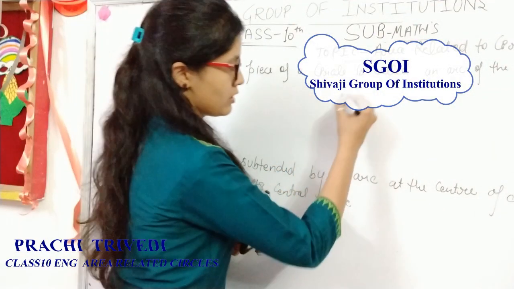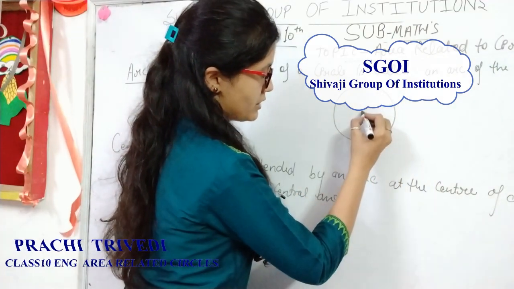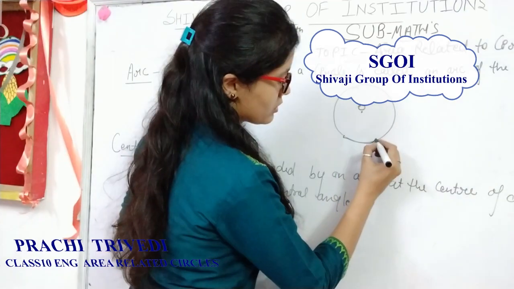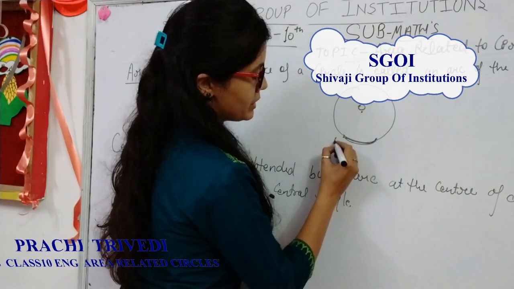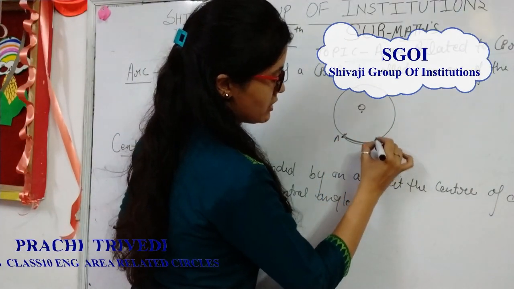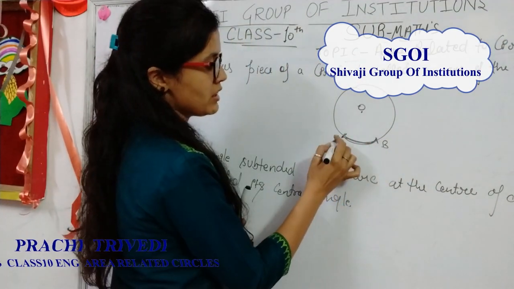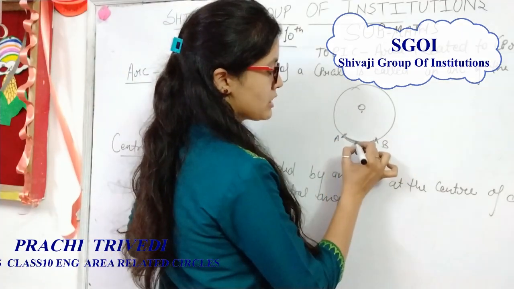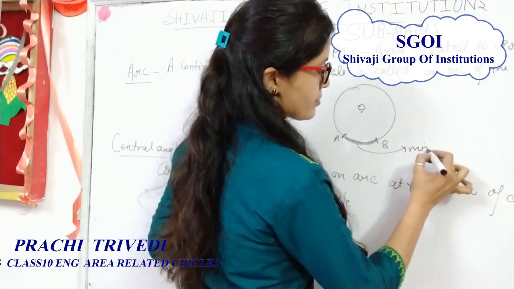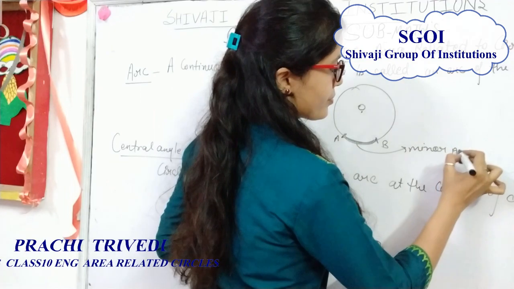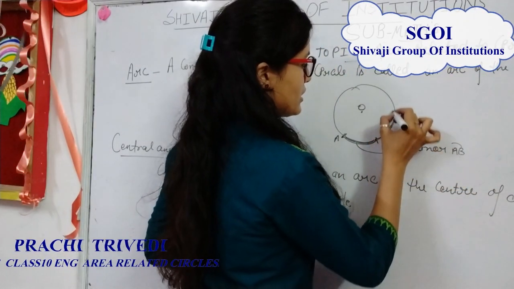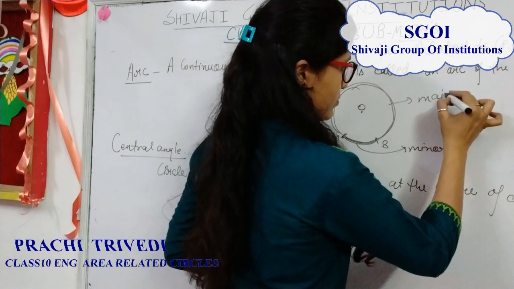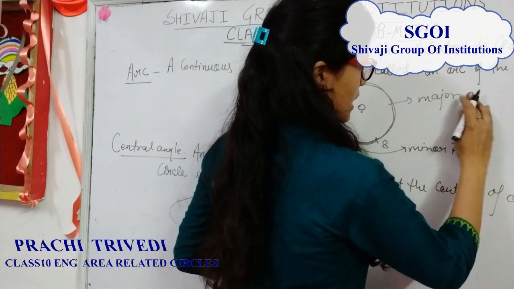For example, this is a circle whose center is O, and this is point A and this is point B. Then AB is the arc of the circle. This part AB is called the minor arc, and this AB is called the major arc.